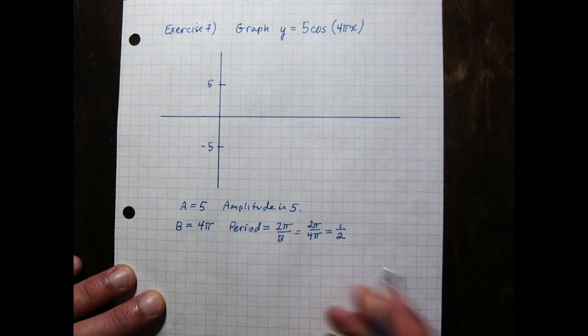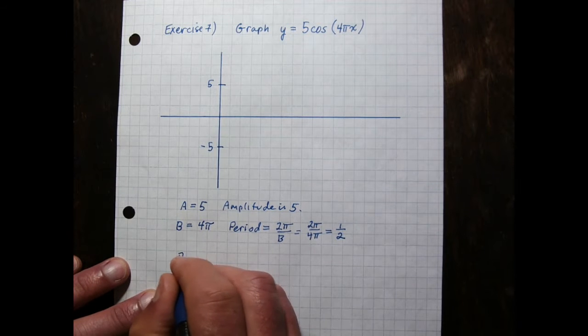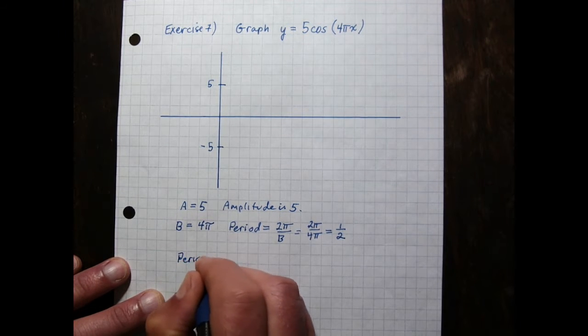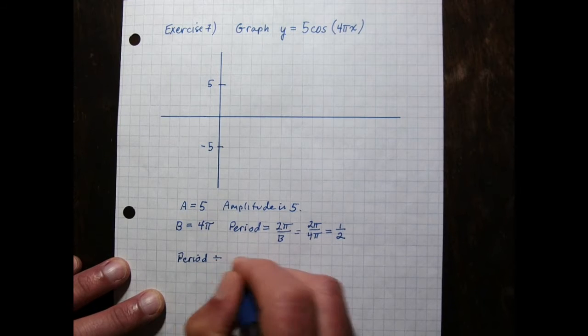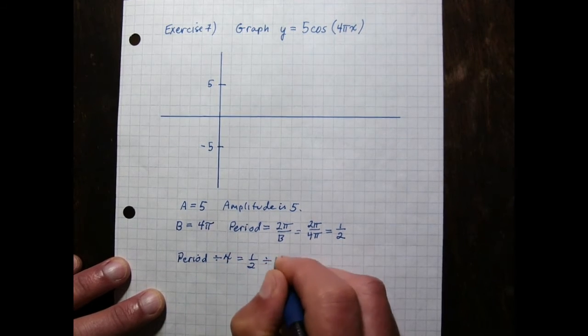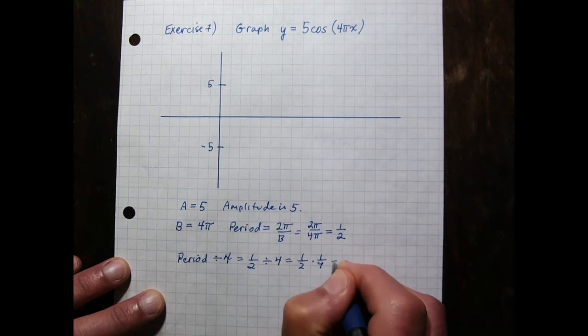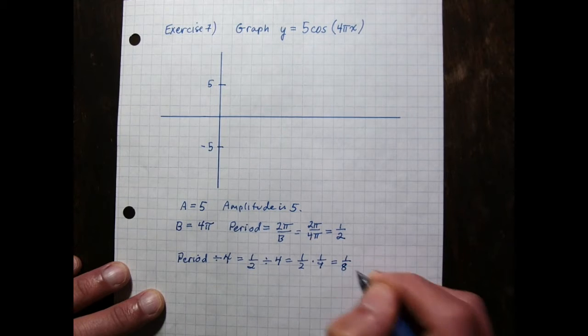You could say 1/2 radian, right? And what we want to do is take the period and divide by 4, which is 1/2 divided by 4. Half times a fourth is 1/8.